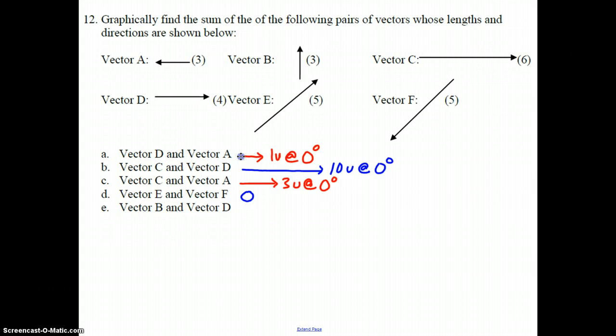All right, lastly for E, we have vector B, which is up in the positive y direction for 3 units, and vector D, which is in the positive x direction for 4 units.